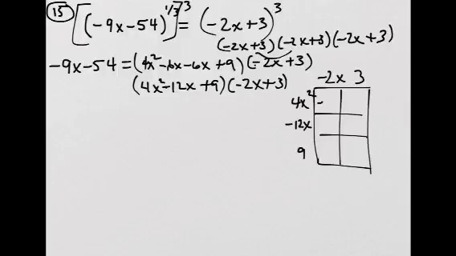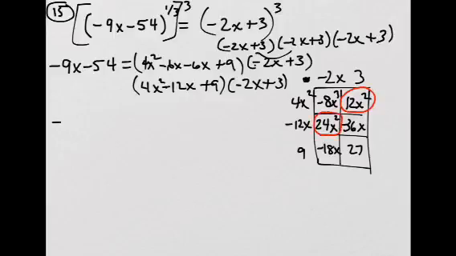So negative 8x cubed when you multiply, because remember we're multiplying. 12x squared, 24x squared, negative 36x, negative 18x, and 27. So we're going to add like terms as we write it down. So this one with this one, those are two like terms.